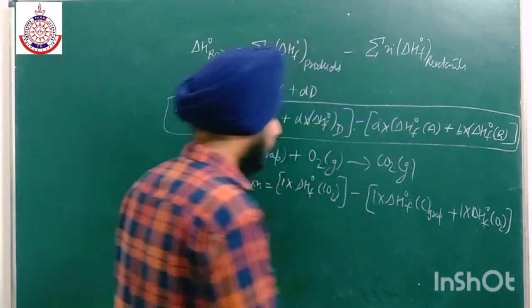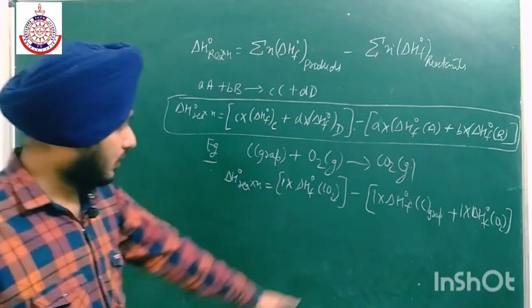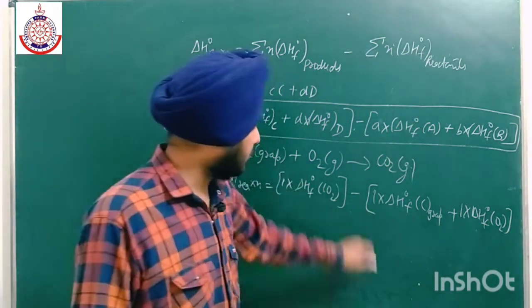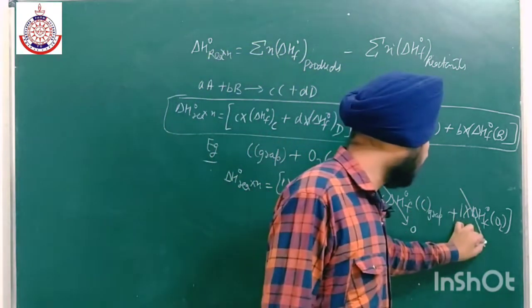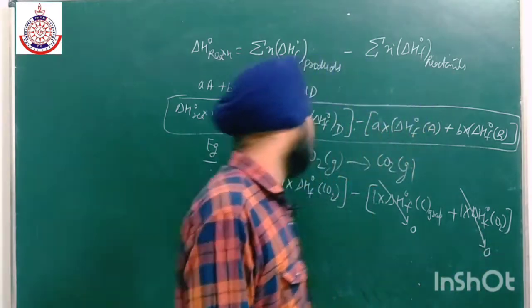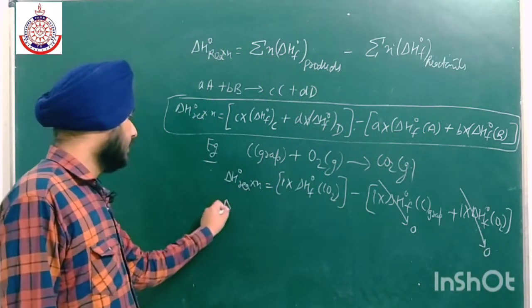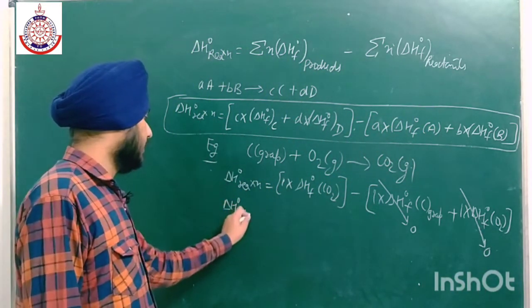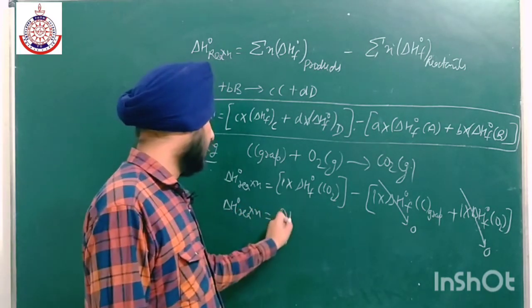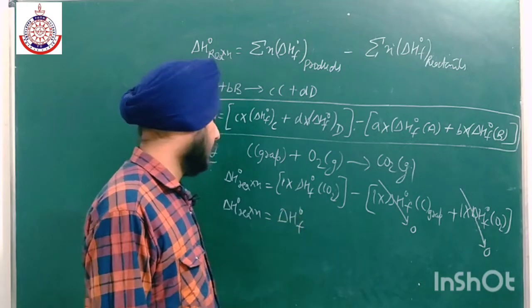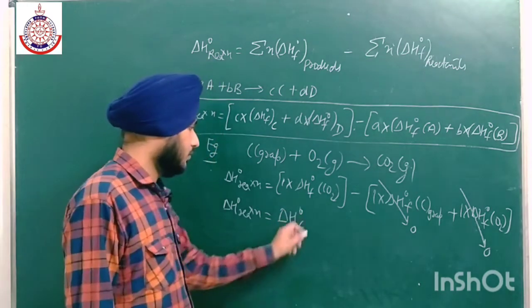Now we all know that these two are present in their standard state, so their delta HF naught is taken to be 0. That is why the delta H naught of this reaction is simply equal to the delta HF naught of CO2.